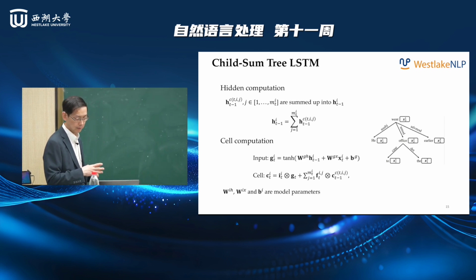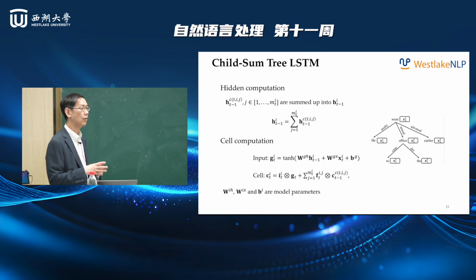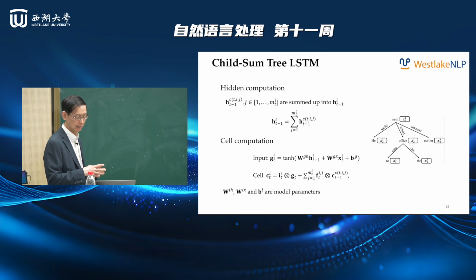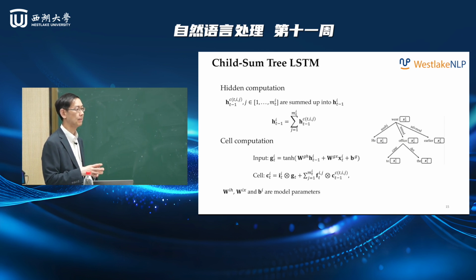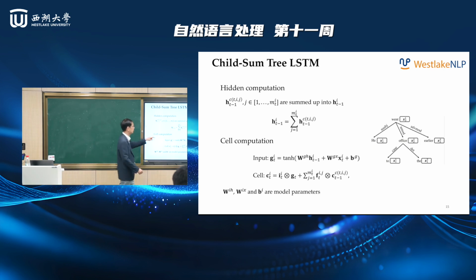So first, I make all the child node hidden states into one previous hidden state. I call it h_{t-1}^i. So it's the previous hidden state for h_t^i. How do I do it? I just simply sum up all the children's hidden nodes. Let's still take the root, for example.